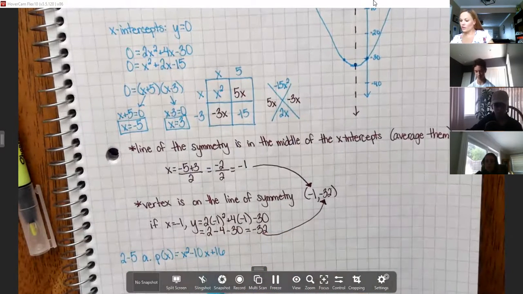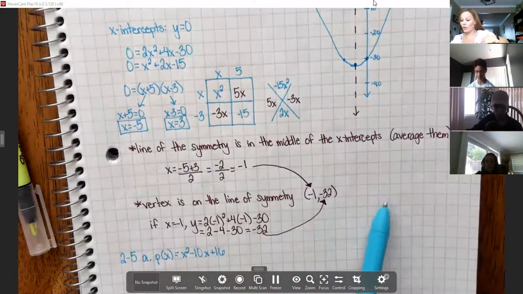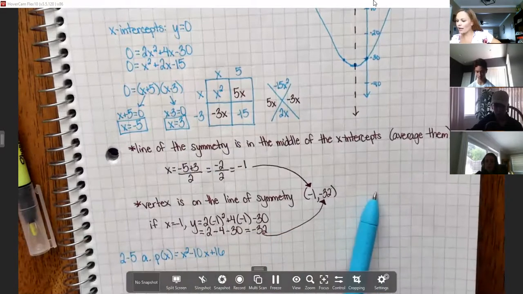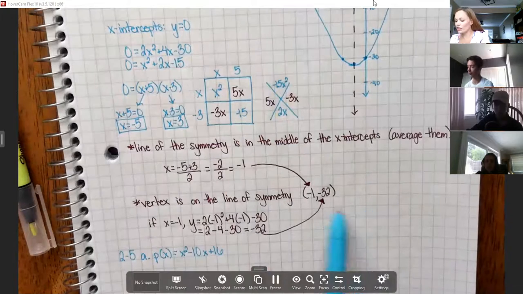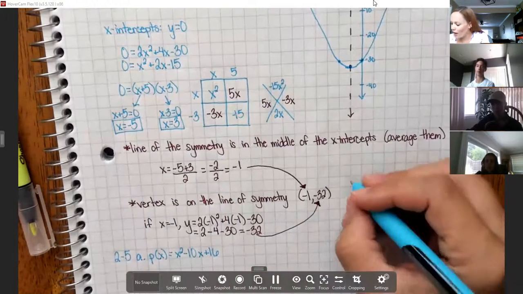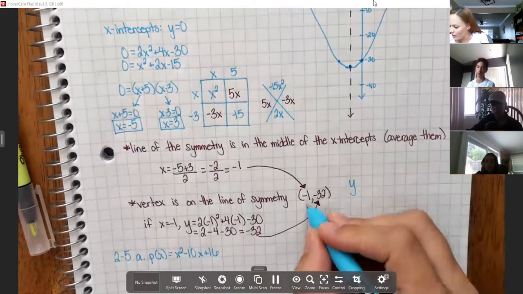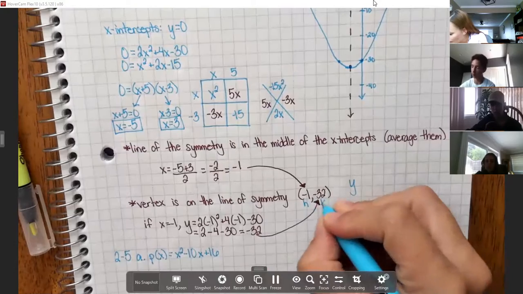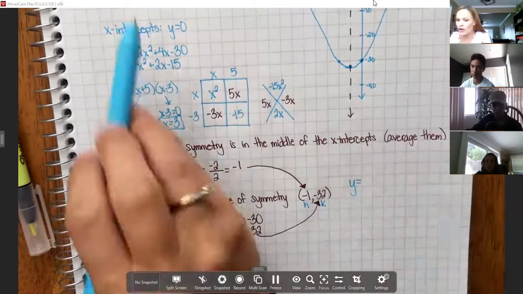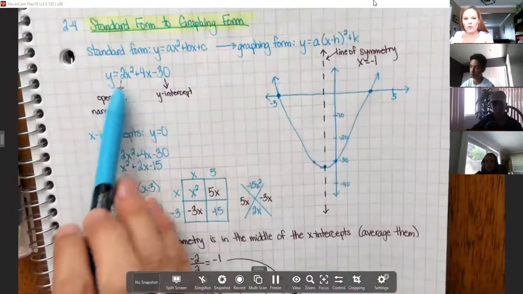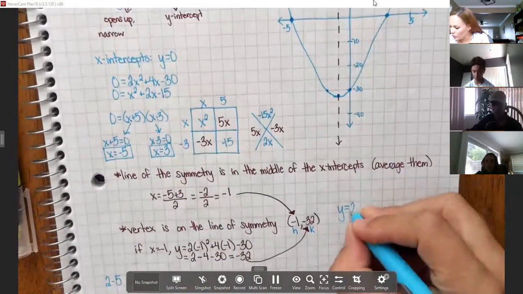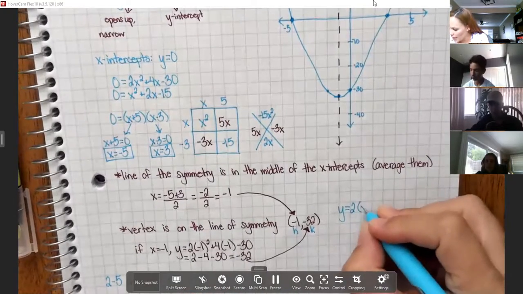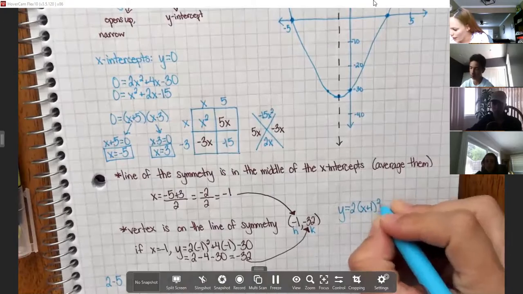Oh, sorry, I got to go back a little bit. I forgot, I didn't actually write the graphing form equation on this problem. Sorry, I just ended up graphing it. So our graphing form equation, since this is my vertex, this is h and k. We already knew our a value was 2 way back at the beginning. So my equation is 2 parentheses x plus 1 squared.